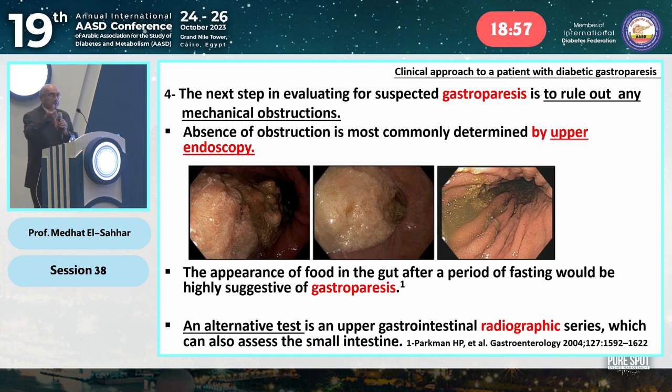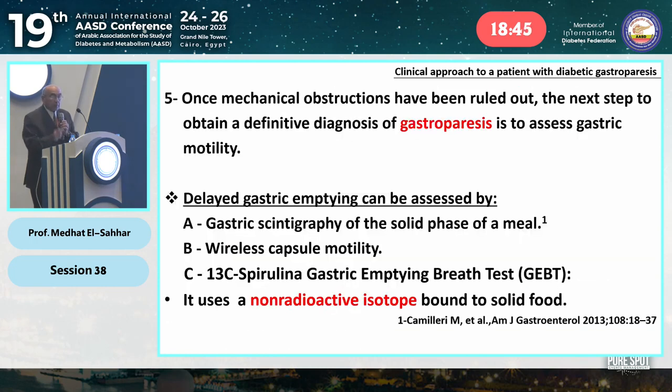So the patient complained, and I do an endoscopy to know there is no gastric outlet obstruction. If the patient refuses, I do a barium meal or barium meal follow-through. Then I will refer him to do a motility study. There are three ways to do this motility study: gastric scintigraphy, wireless capsule motility, and the breath test.